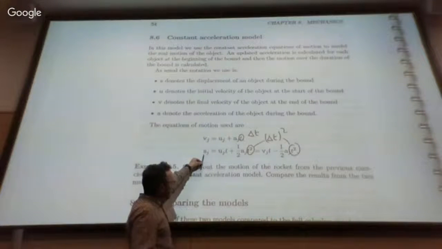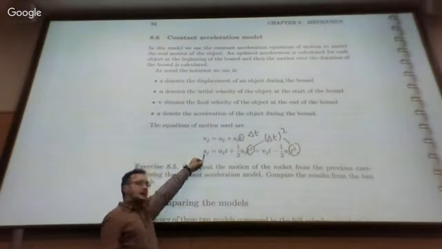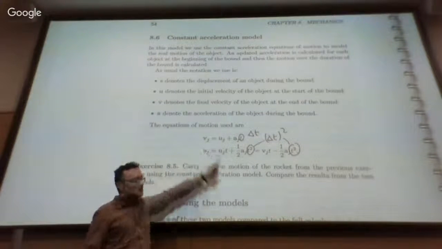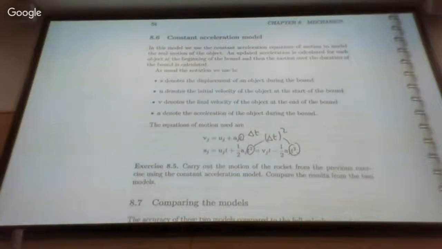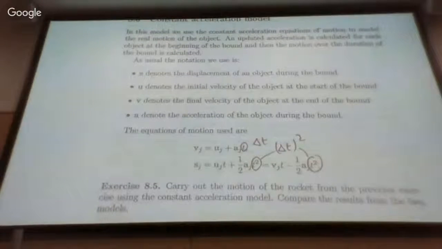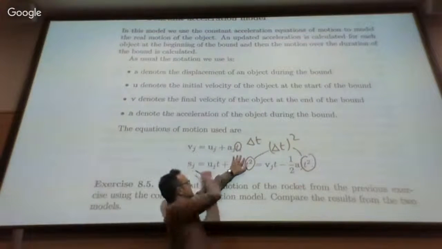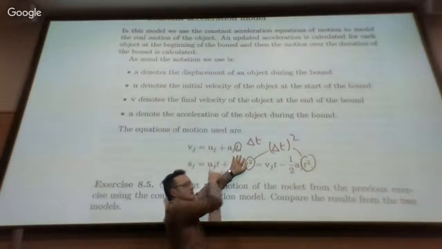But now we're updating the position of the object using its displacement sj. Its displacement is taking into account the acceleration that takes place over the bound. Before, the displacement was the velocity times the time period.